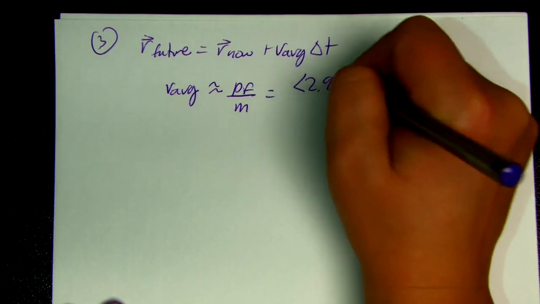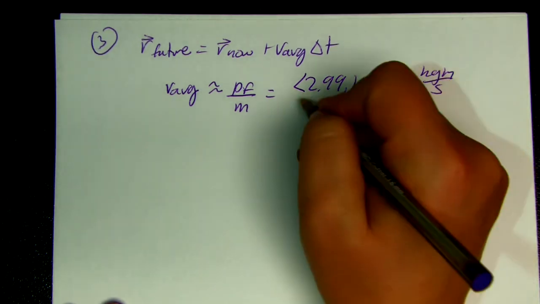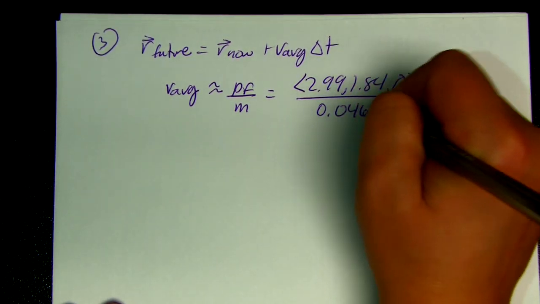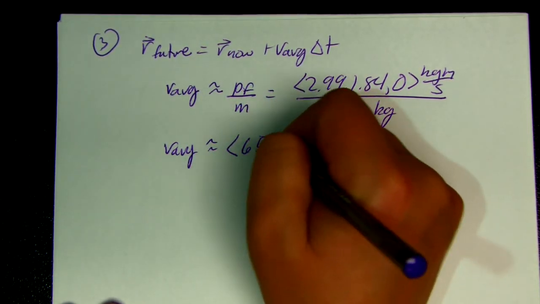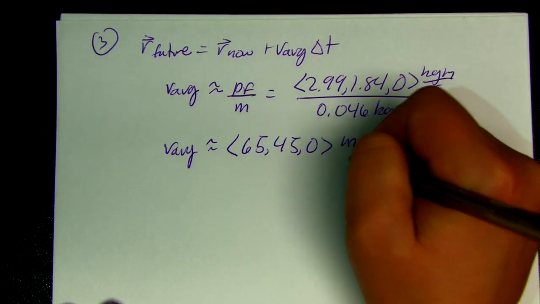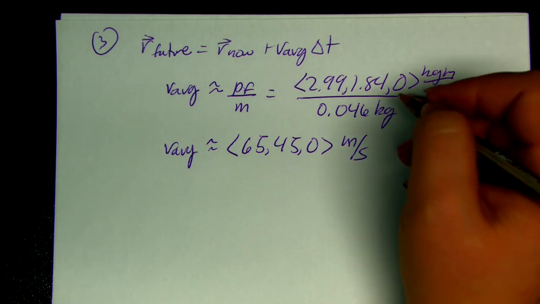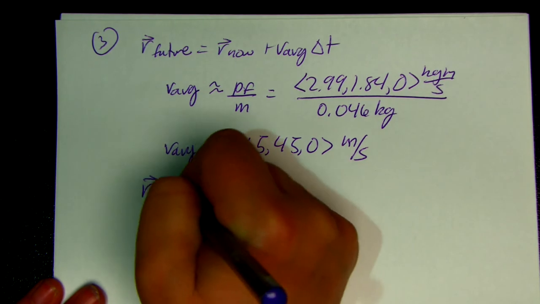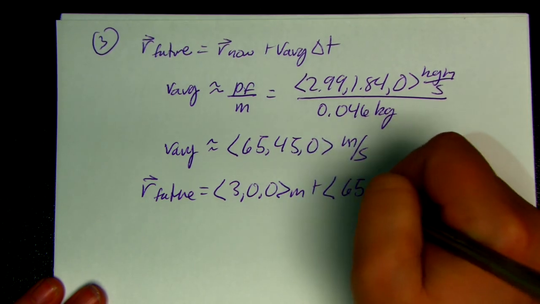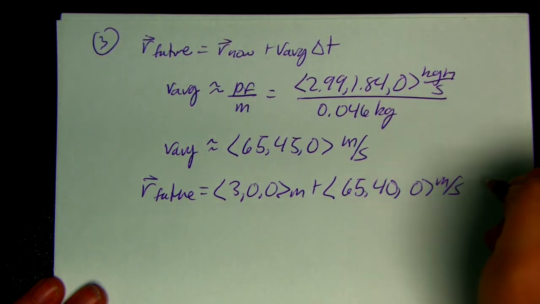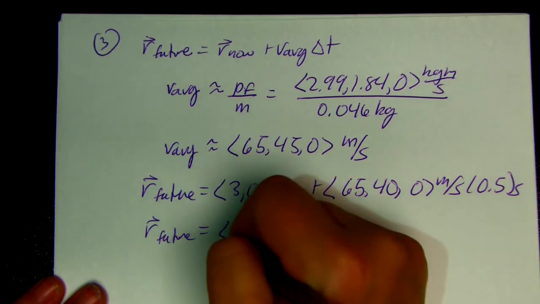So this is <2.99, 1.840, 0> kilogram meters per second divided by 0.046 kilograms. V average is approximately <65, 40, 0> meters per second. And so we can use that to calculate the future position, which is <0, 300, 0> meters plus <65, 40, 0> meters per second times 0.5 seconds.